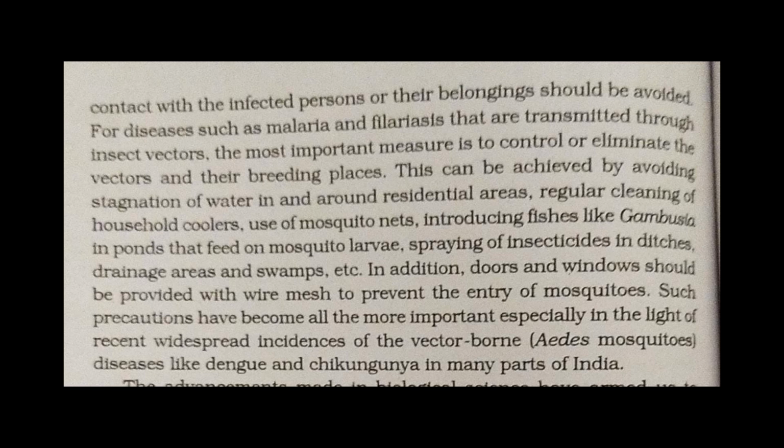Such precautions have become all the more important, especially in the light of recent widespread incidents of vector-borne Aedes mosquito diseases like dengue and chikungunya in many parts of India.